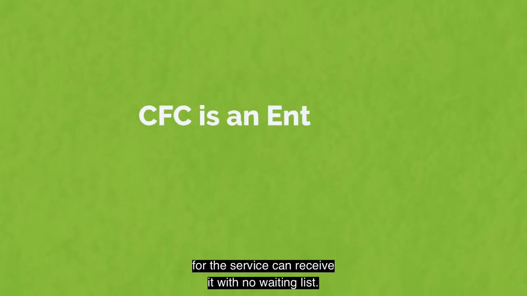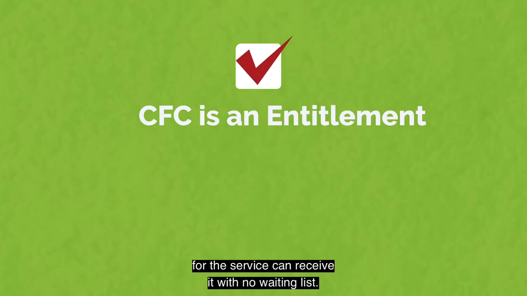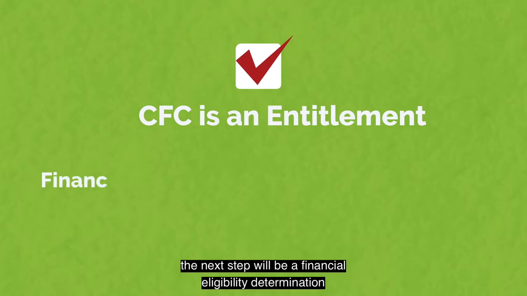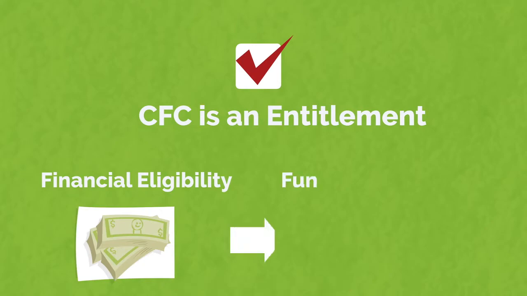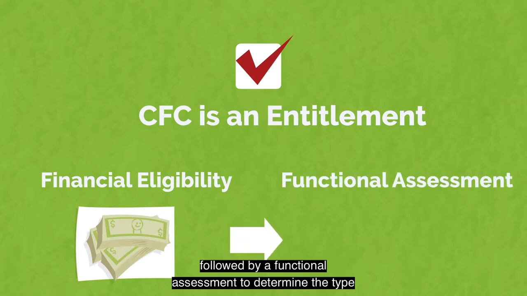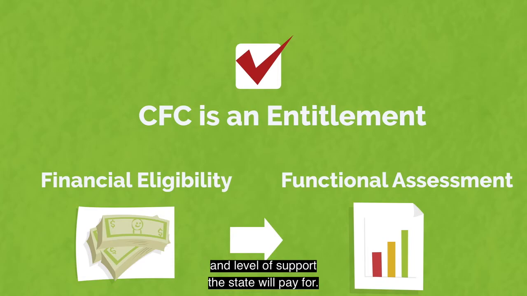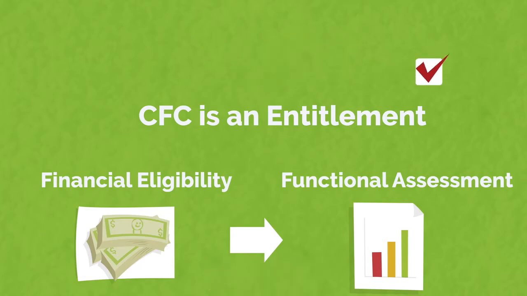Because it is an entitlement, anyone who is eligible for the service can receive it with no waiting list. If you request CFC, the next step will be a financial eligibility determination to see if you qualify for Medicaid, followed by a functional assessment to determine the type and level of support the state will pay for.